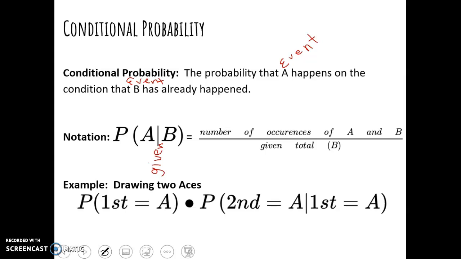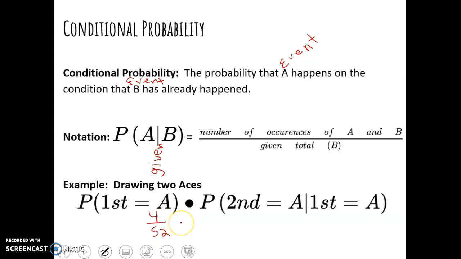So if you think back to part 1 of the video, we talked about drawing 2 aces, and we said what's the probability that both will be aces. And we understood that when we drew the first card, it was not going to be replaced. So using the multiplication rule, the probability that the first was going to be an ace was 4 out of 52.